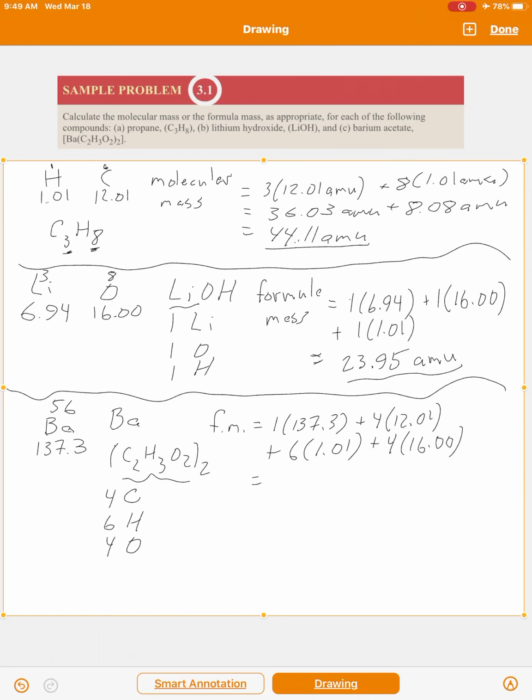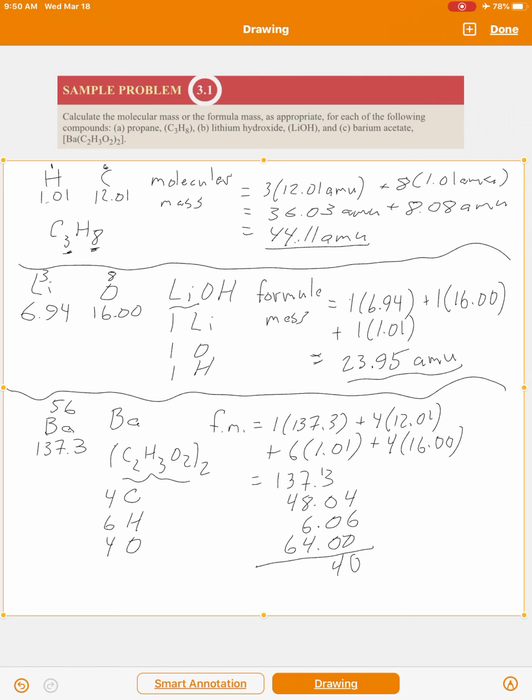They annoy me. So this would be 137.3. This would be 48.04 for the carbon. This would be 6.06 for the hydrogen. And 64.00 for the oxygen. So 4 and 6 are 10, so that's a 1.